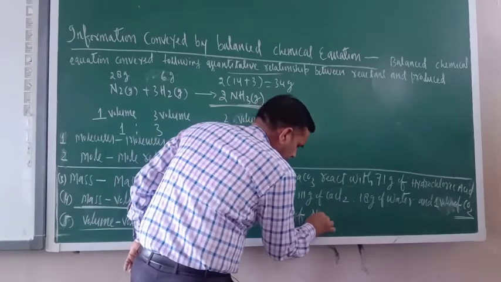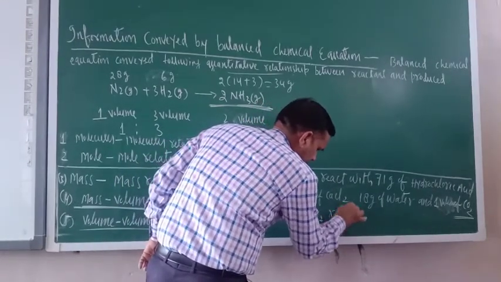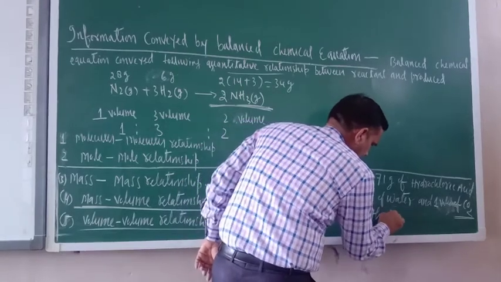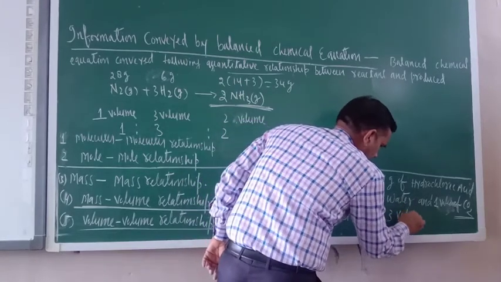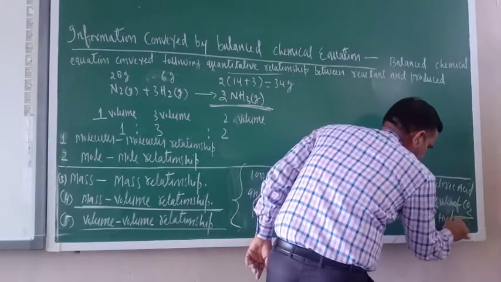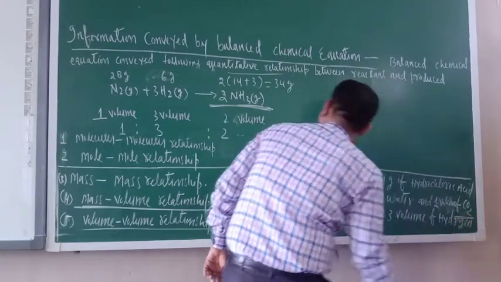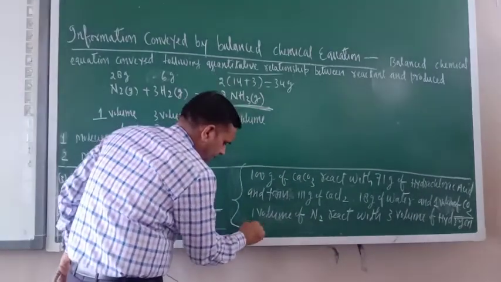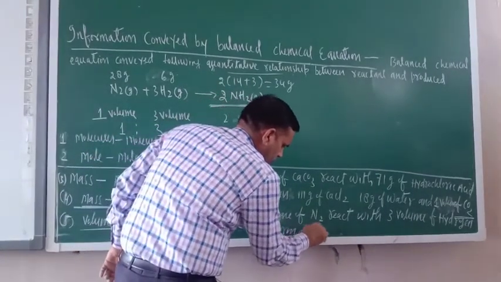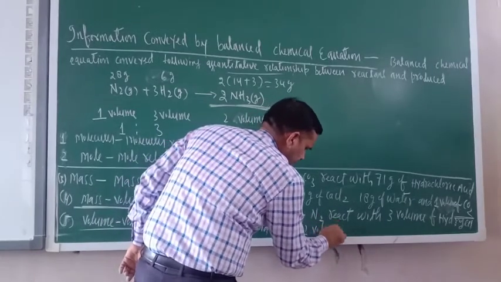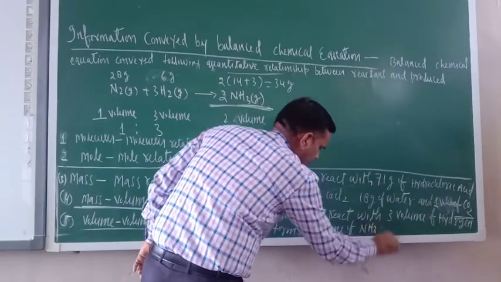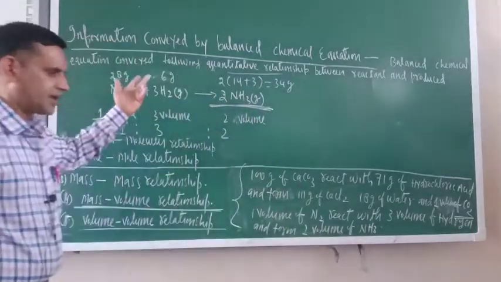of N2 react with 3 volume of hydrogen, and form 2 volume of NH3, ammonia, 2 volume of NH3.